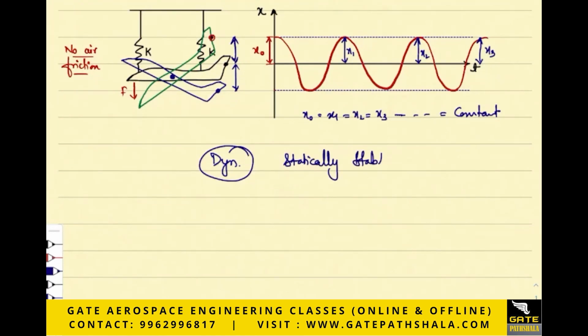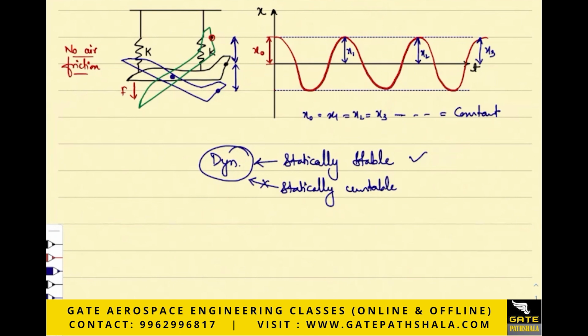If it is statically stable, then you will go for checking its dynamics. Suppose it is statically unstable. If the airplane is statically unstable, you will not check its dynamics. Hope you understand that. A system which is statically unstable will always be dynamically unstable.